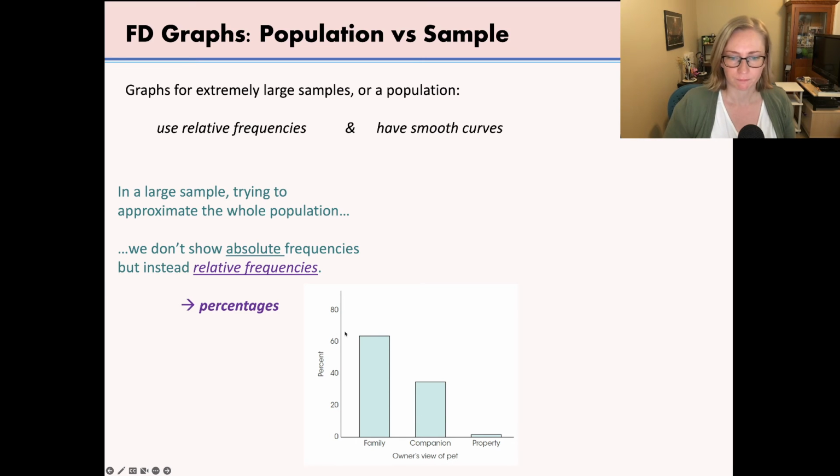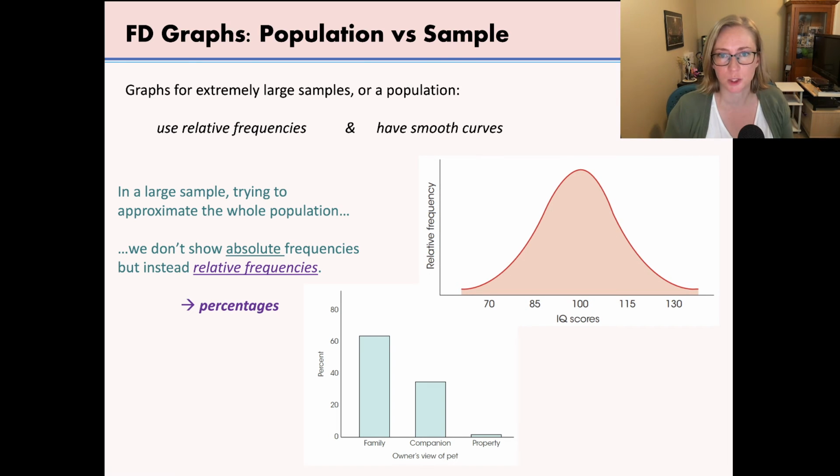But these are not showing absolute values. It's not saying 20 million people think that they're family, 15 million think that it's a companion. When you have such large numbers, the entire population or a very, very large sample, you switch over into having relative frequencies, specifically percentages, right?